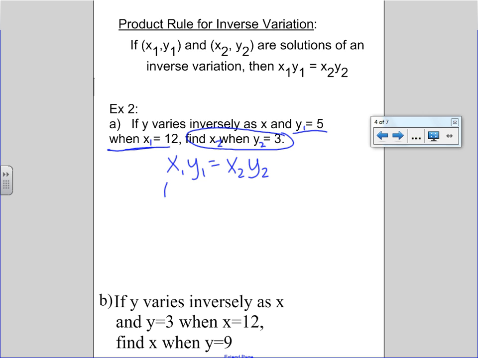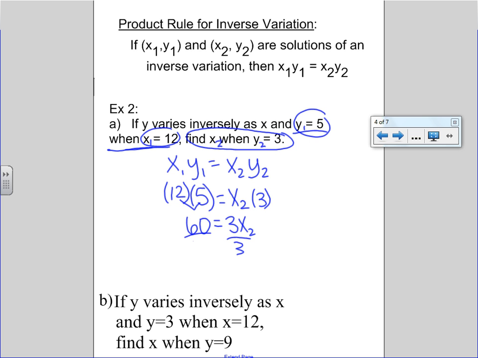Instead of x1, I'm going to plug in my 12. Instead of y1, I'm going to plug in my 5. Equals my x2, which I don't know, times my y2, which is 3. So 12 times 5 gives me 60. 3 times x sub 2 is 3x sub 2. To get x by itself, I'm going to divide by 3. What I do to one side, I have to do to the other. So I get that x sub 2 equals 20.